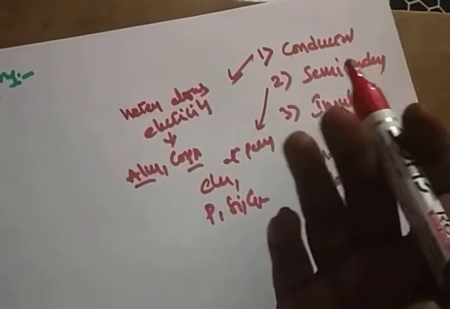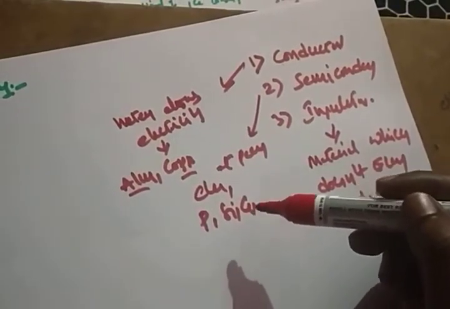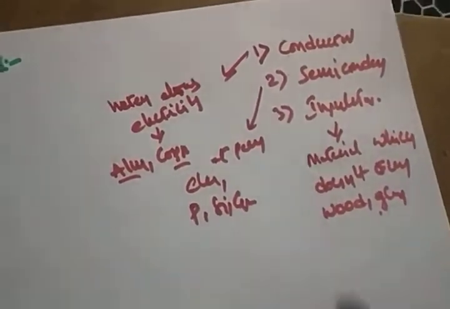After that it doesn't allow electrons or current. Examples: phosphorus, silicon, gallium, arsenic. An insulator is a material which doesn't allow the electricity. Examples: wood and glass. Now we'll discuss the insulator concept.